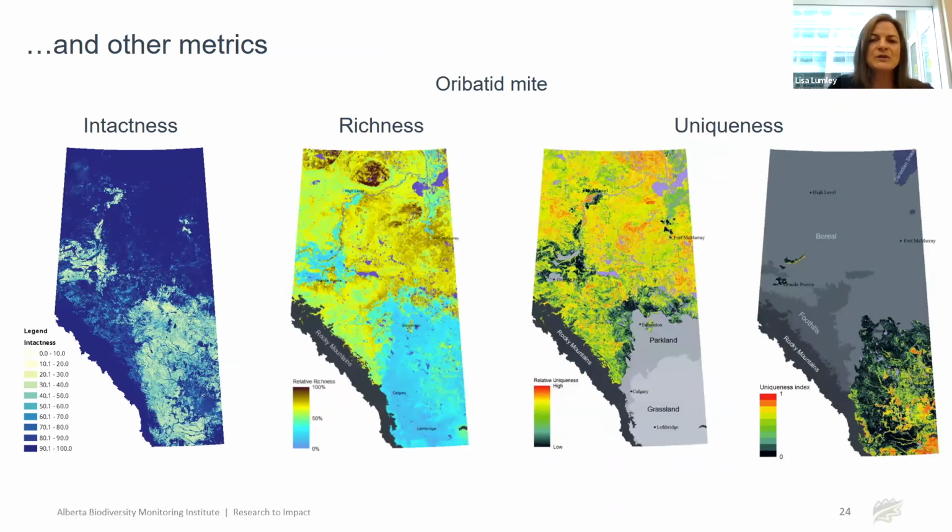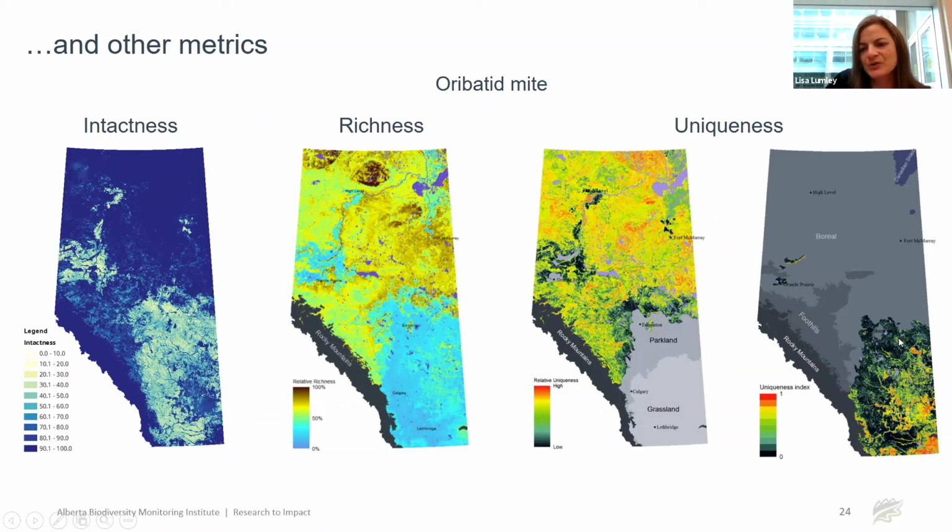There are also other metrics, and I'll just focus on the orobatid mites here. So we have that intactness for orobatid mites. There's also information on species richness, and what's kind of cool here is to see how their species richness, where the dark brown is 100%, is higher in high elevation areas such as the Caribou Mountains and Birch Mountains. And then uniqueness is also quite interesting, where I believe this is more the Shield area, and again, around those high elevation areas.